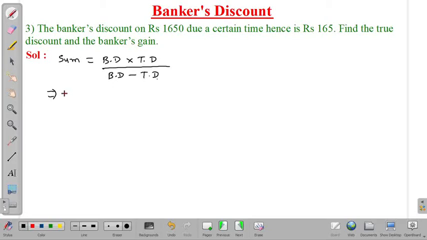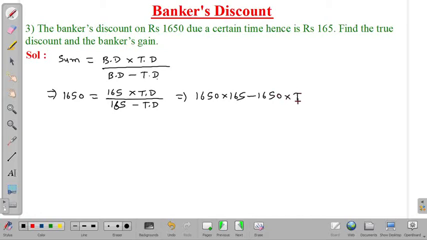The sum is given as 1650, the banker's discount is 165, the true discount we need to find, and again banker's discount 165 minus true discount.